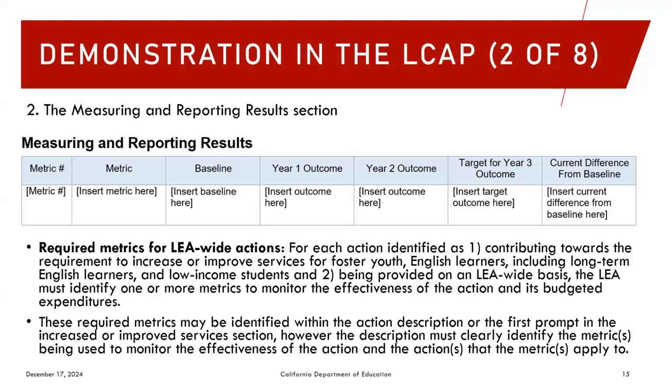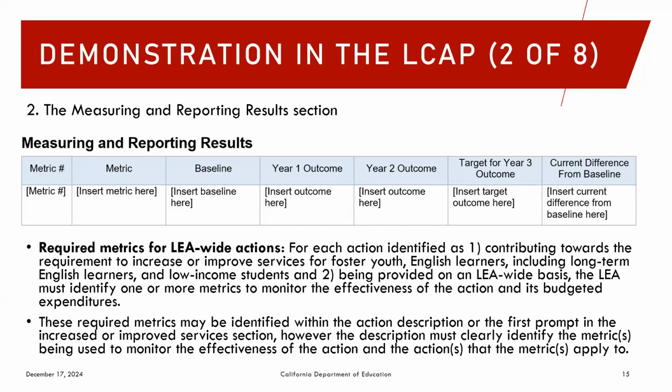Then we have the measuring and reporting results section. This goes to demonstrating how we're increasing or improving services because of the requirement to ensure that these actions are having an impact on our low-income, English learner, and foster youth students.